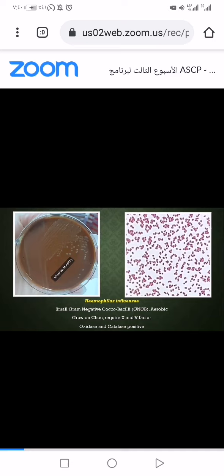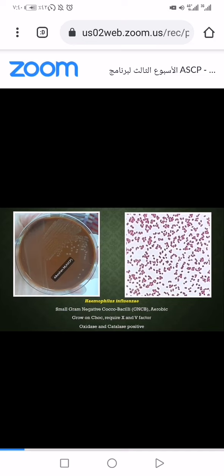To grow on chocolate agar, it requires X and V factors; it is oxidase and catalase positive. Actually, when there is Hemophilus in the CSF culture, we will see a strange thing in the beginning.